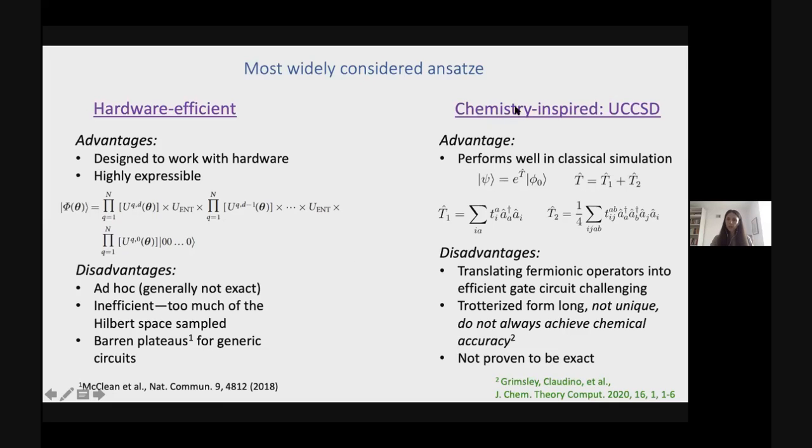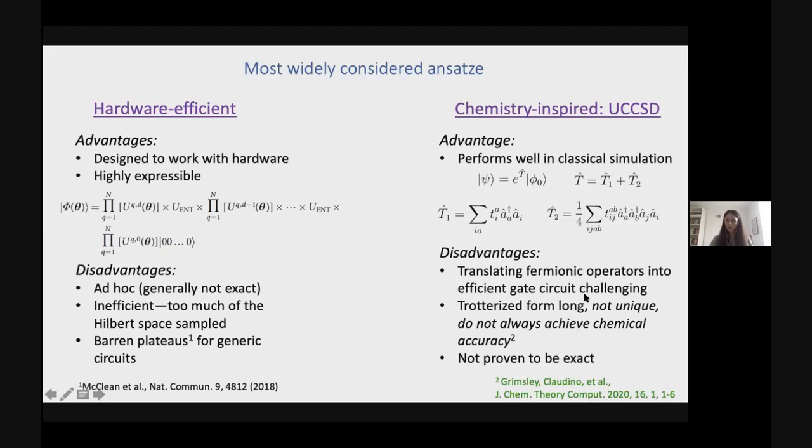On the other hand, you can have a physically motivated ansatz. In particular, since most of my talk will focus on molecules, people are considering using chemically inspired ansätze, where you take the Hamiltonian and you look at the terms in the Hamiltonian, which are single and two-body terms, and you just create an exponential made of a sum of those in the exponent with some weighted parameters, which are the parameters you optimize.